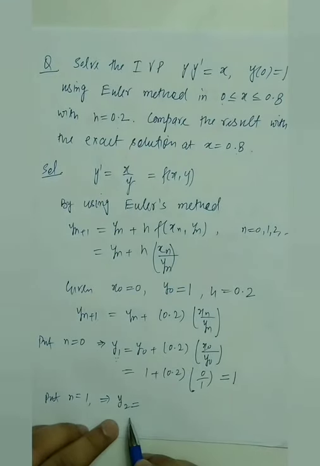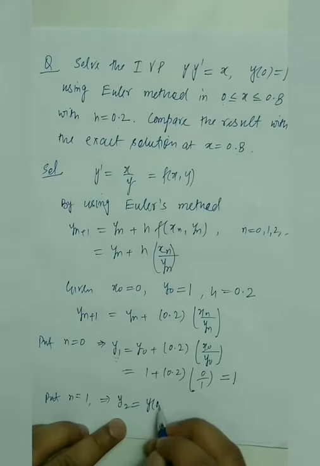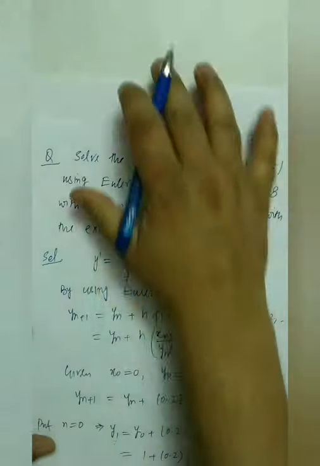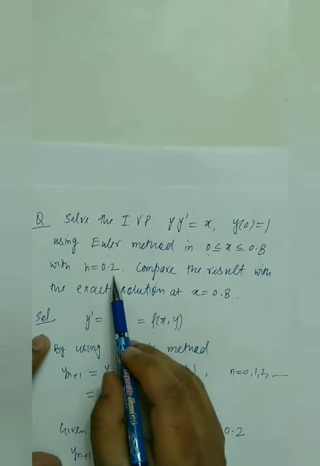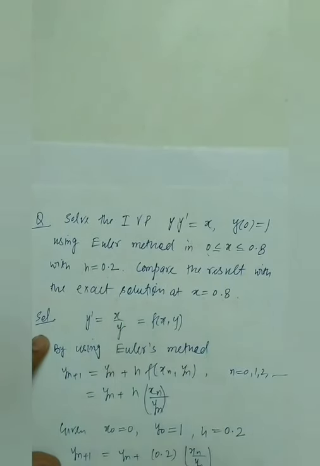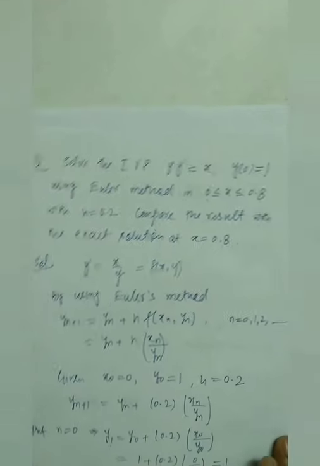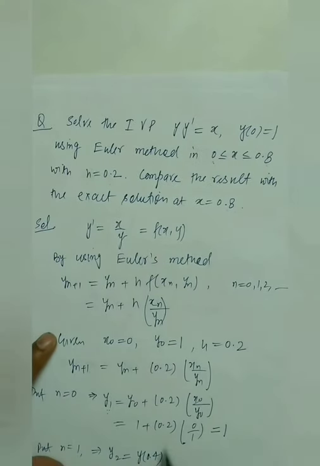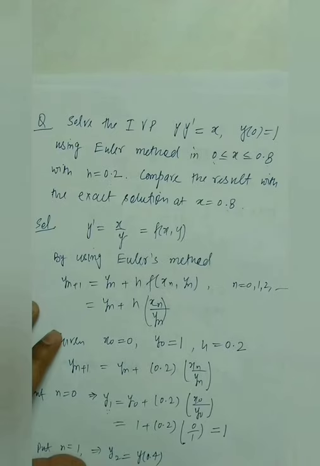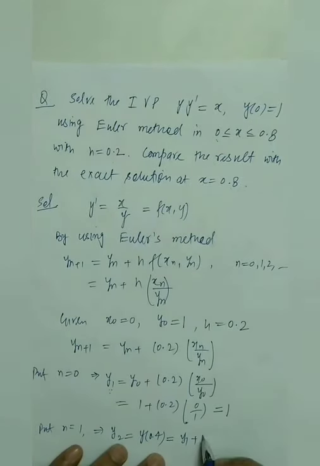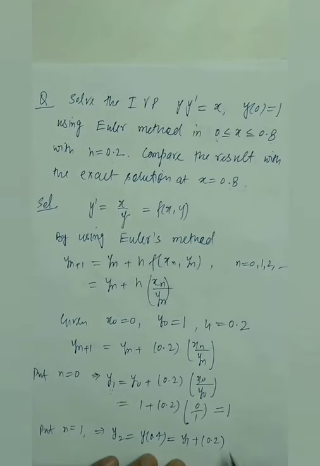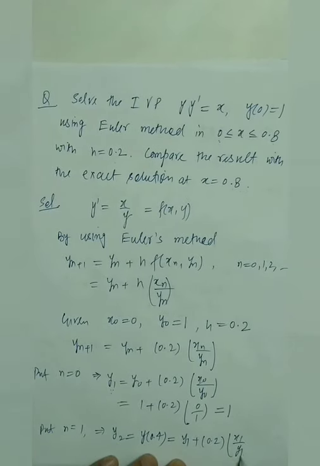Similarly, y2 means the value of y at 0.4, because we have the interval as 0 to 0.8 and the value of h is 0.2. So y at 0.4 will be equal to y1 plus h, 0.2, times x1 upon y1.